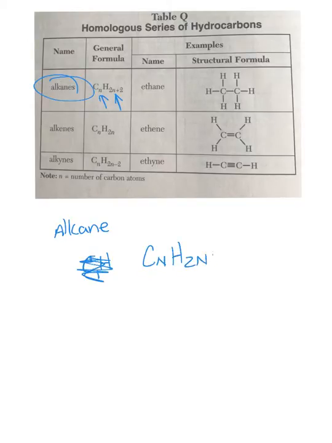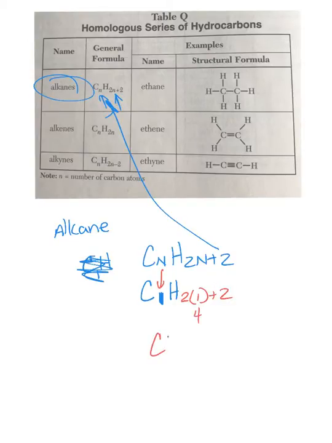CnH2n plus 2. And I got that from here. Okay, if the hydrocarbon has 1 carbon in it, then that n is a 1. And then H is 2 times 1 plus 2, which will give me 2 times 1 is 2, plus 2 more is 4. So we got CH4. There's a 1 and a 4.